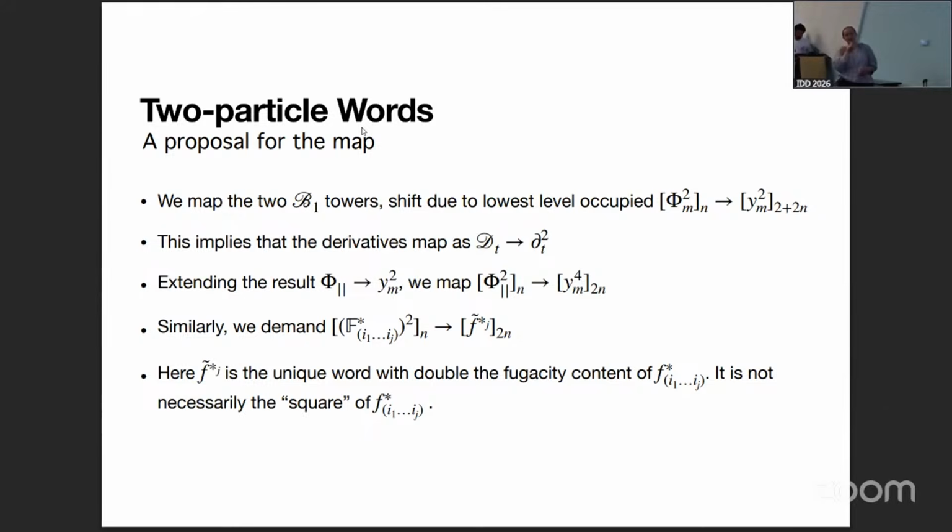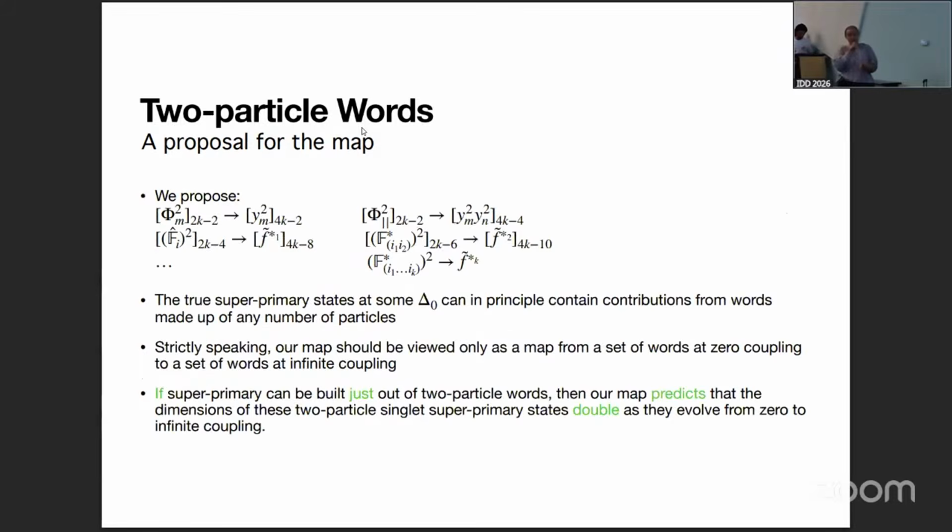We can construct a map from one two particle state to another, based on the observation which I showed on the previous slide. So this is explicitly the proposal for the mapping. We did it only for the two particle states at weak coupling, but not for three particle states and so on.